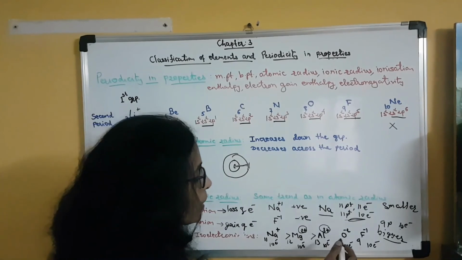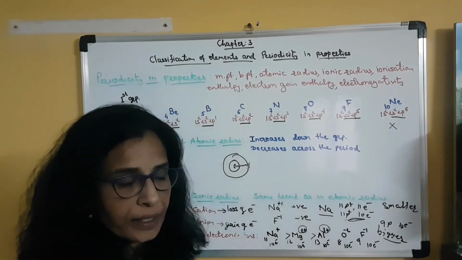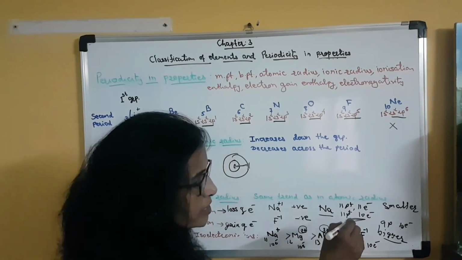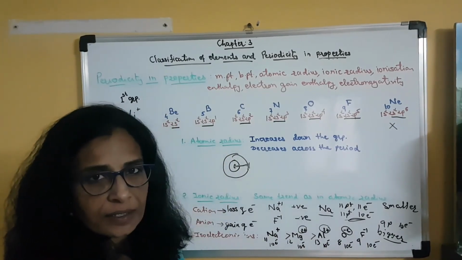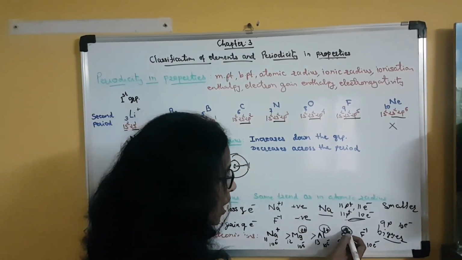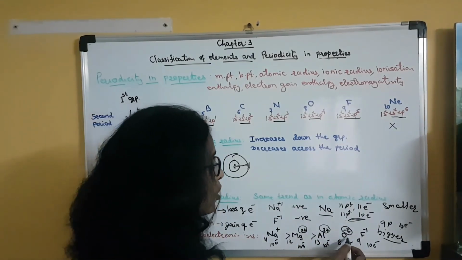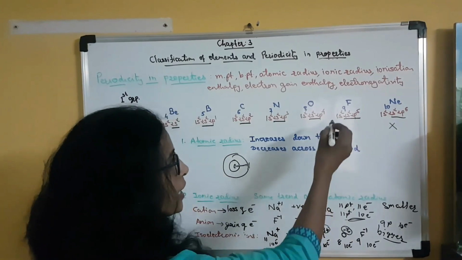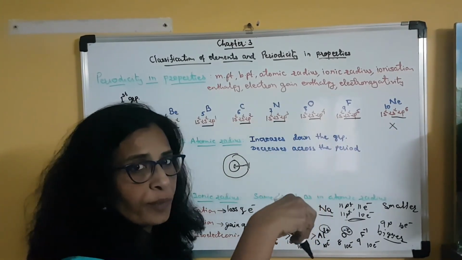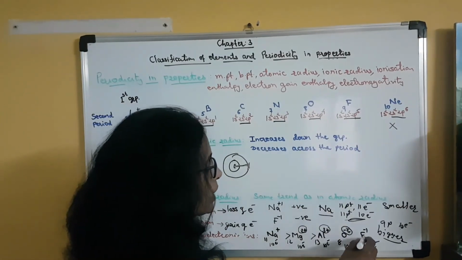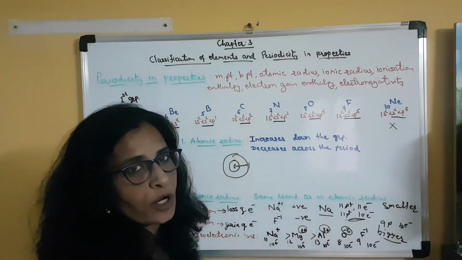Clear? But when we consider the negative ions, then in case of negative ions, larger is the charge, larger will be the radius, because more will be the repulsion. So in oxygen, 2 electrons are added to the same atomic orbital, that is the second orbit. Clear? So repulsion is more. In case of fluorine, only 1 electron is added.